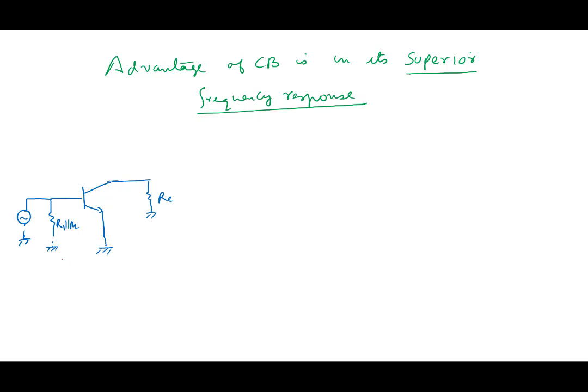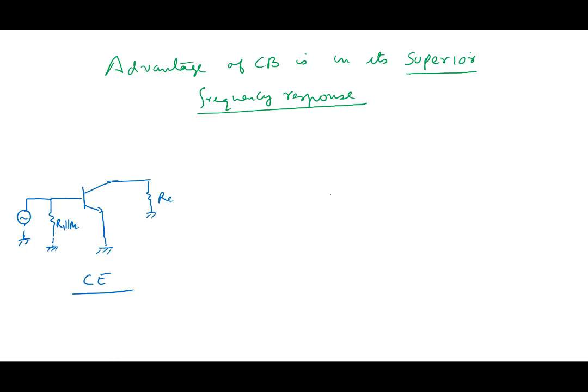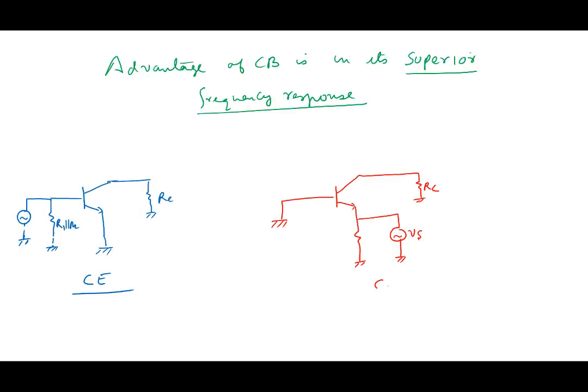Right, this is the common emitter small signal equivalent circuit. And let me draw the common base part here. In this case also, output is taken here, RC, and common base here. This is where we are applying the signal, and this is ground. This is the common base part here.